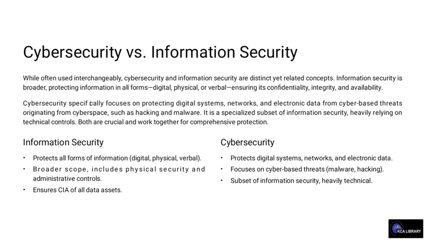On the other hand, cybersecurity specifically focuses on protecting digital systems, the networks and electronic data from cyber-based threats originating from cyberspace, such as hacking and malware, and it's a specialized subset of information security, heavily relying on technical control. Both are crucial and work together for comprehensive protection.